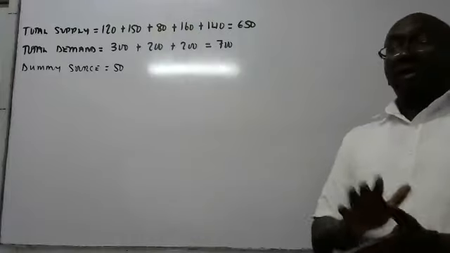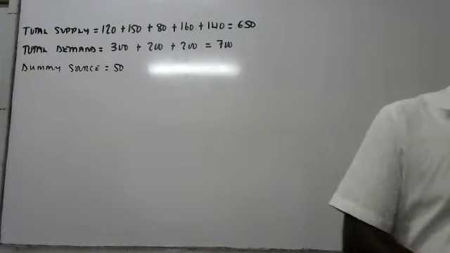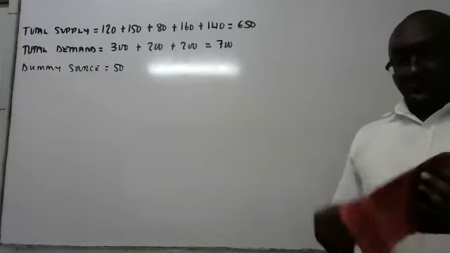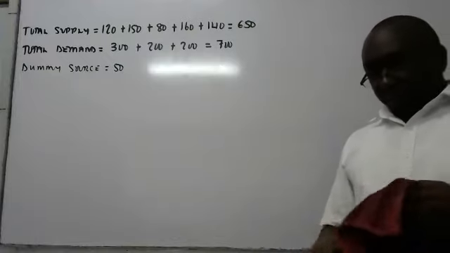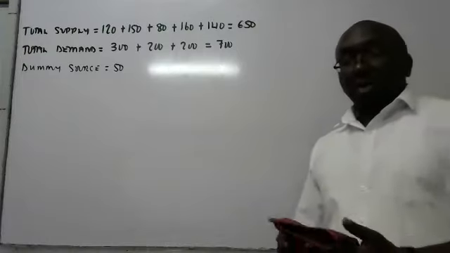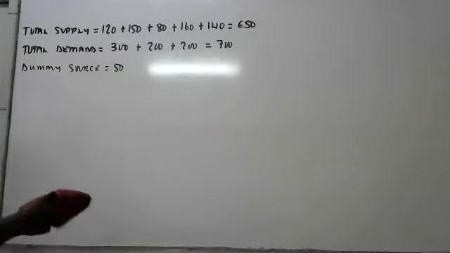Now, because we already have the costs, we have checked that it is equal, or we have made it to be equal. We need now to do the initial allocation. I want to delete this one.